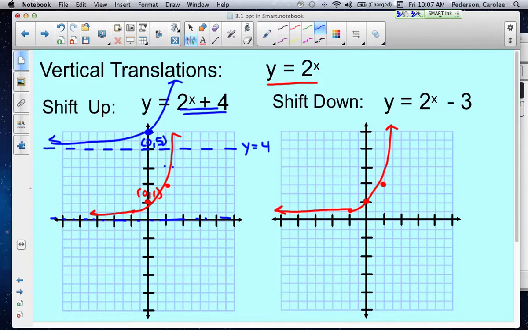Is that plus 4 like in the exponent, or is that outside? Outside. It's at the end. So we'll move this down 3 units. So it's going to be over 0, down 2.